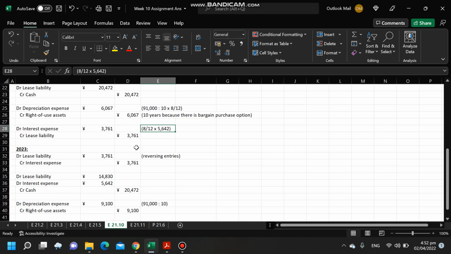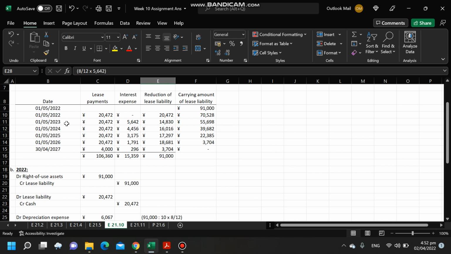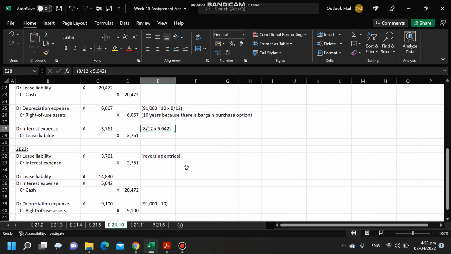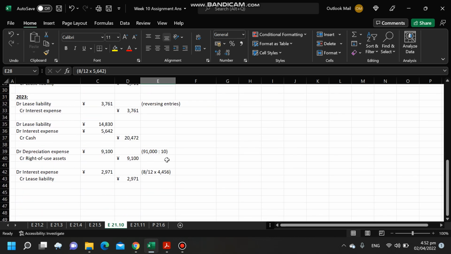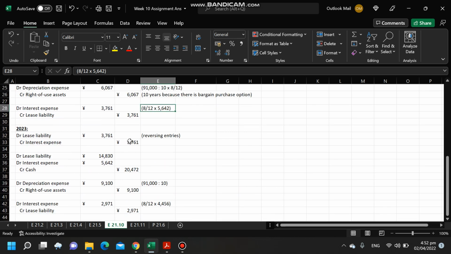And then for 2023, we must use reversing entries first because we will have the payment of the lease rental on the 1st of May. What is the usage of the reversing entries? With reversing entries, your interest expense can be recorded at the full amount, which means that the interest expense that will happen in 2023 from January to April is only 5,642 minus the 3,761.